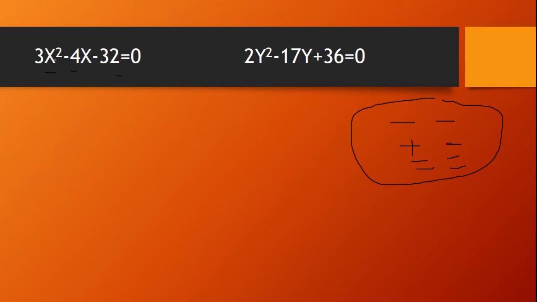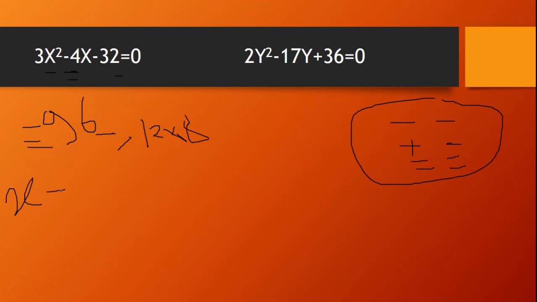So 3 times 32 is 96, minus 96. And since the middle sign is minus, we have to make 4 by subtracting. So 96 we can get as 12 into 8.